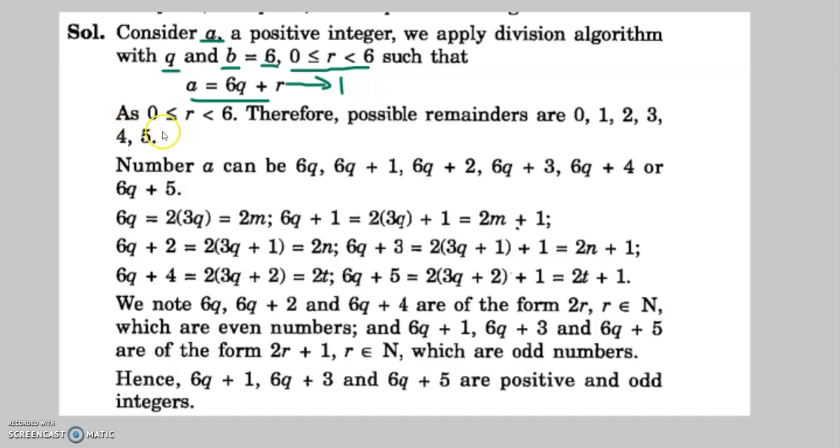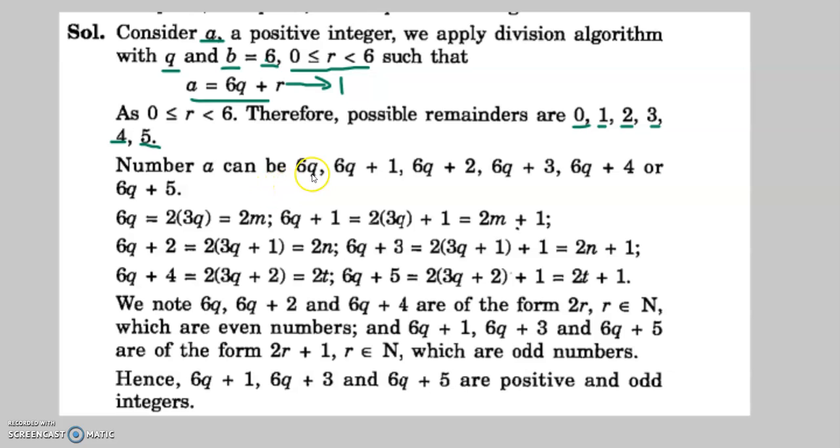Next step. As 0 is less than or equal to r is less than 6, the possible remainders from the above condition for r are 0, 1, 2, 3, 4 and 5.